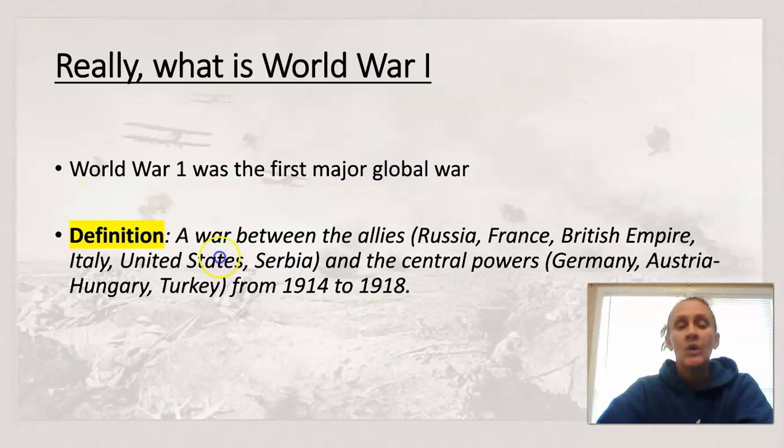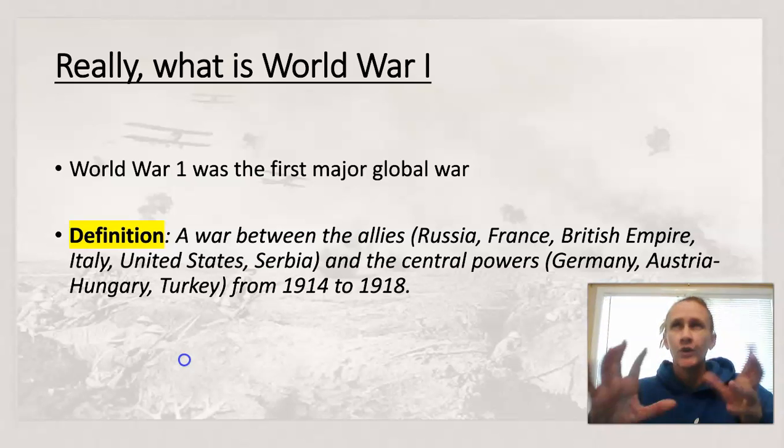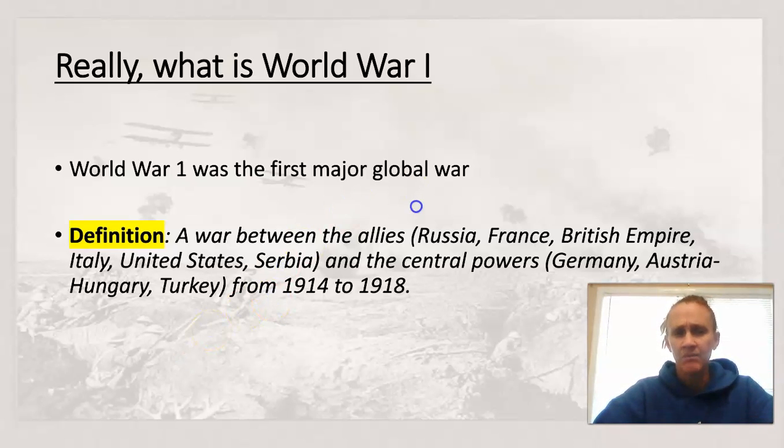All right, so the definition for World War I, and please remember your vocab words that are on your note-taking sheet, I tried to color them in pink, but I guess I missed one. So World War I is your first word on your sheet, okay?